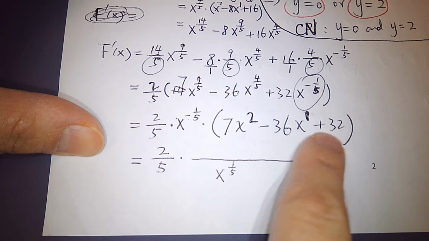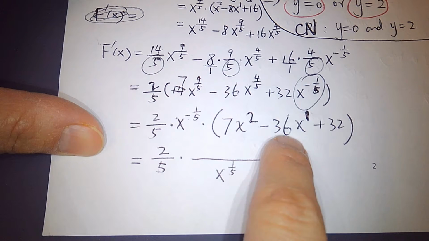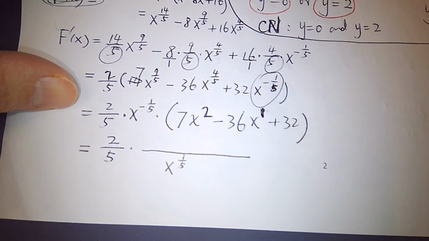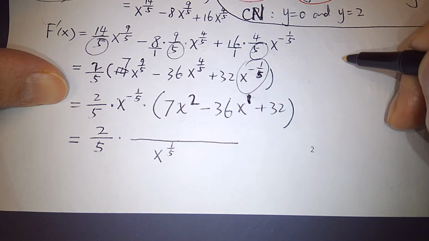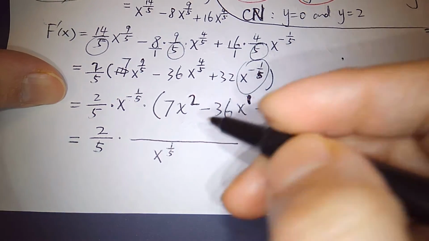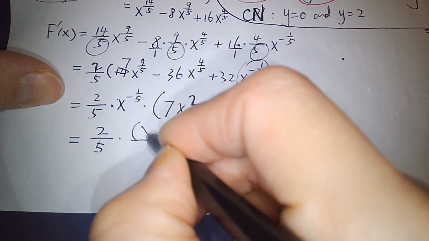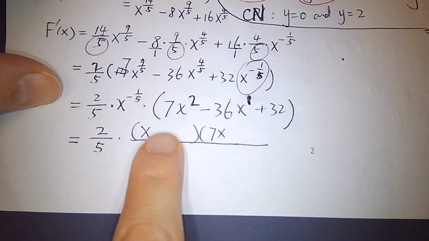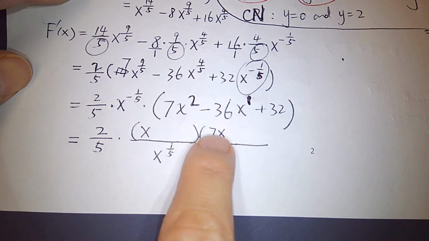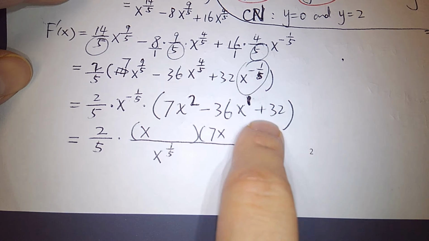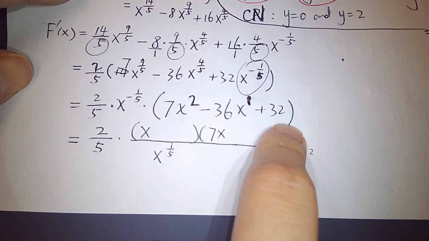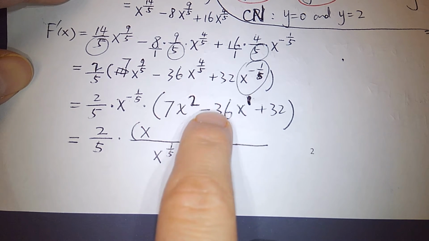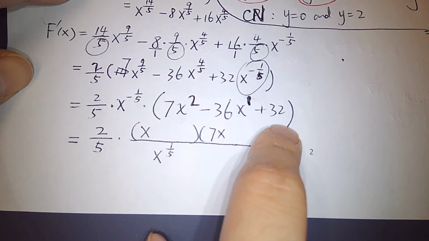Now, are we able to factor the 7, negative 36, and then 32? We can factor the 7x squared by x and 7x, and then I'm going to factor the 32 by a product of what?